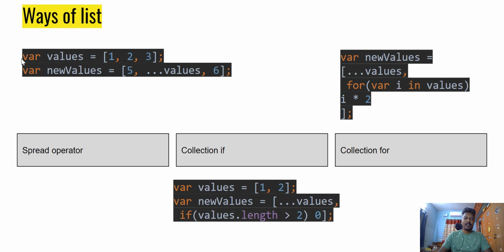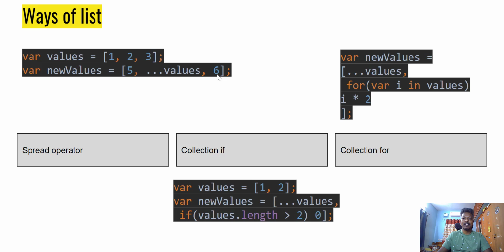If you see the example, in the first line, I'm just creating a new list object with 1, 2, 3. Then I'm creating a new list object with the existing list object and some additional objects.